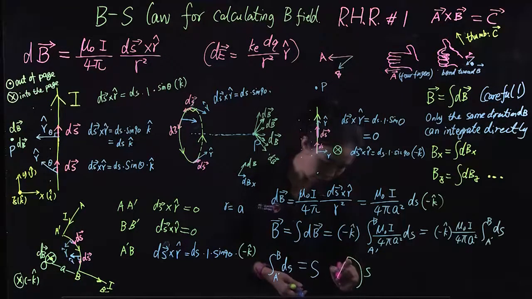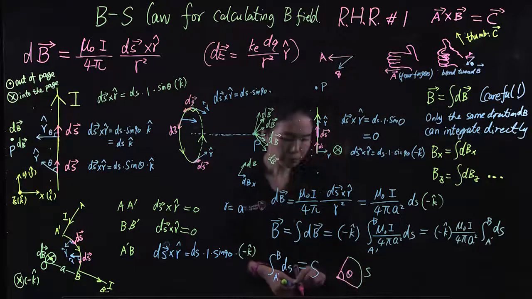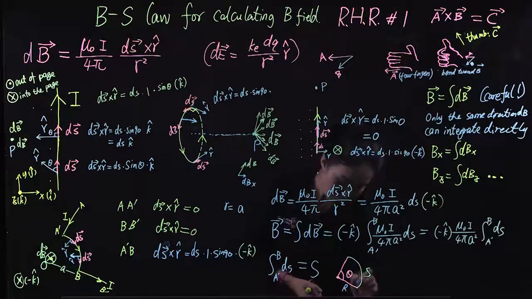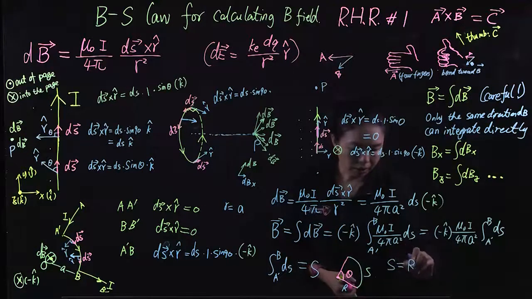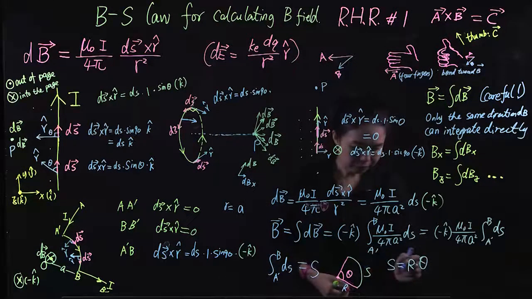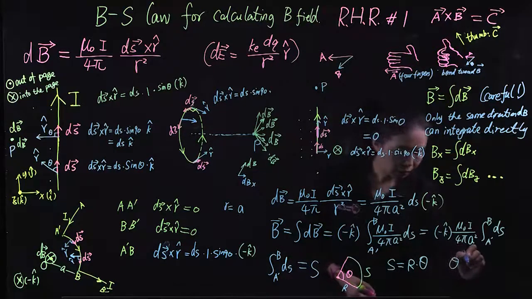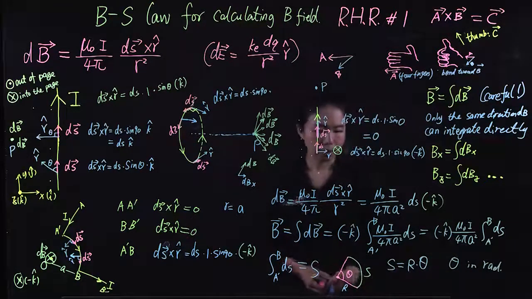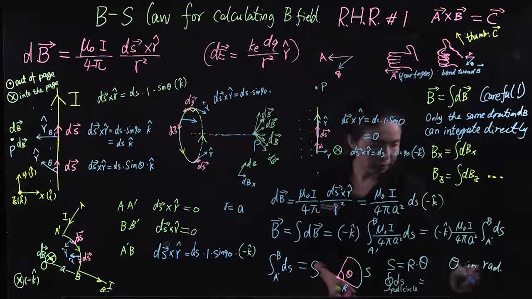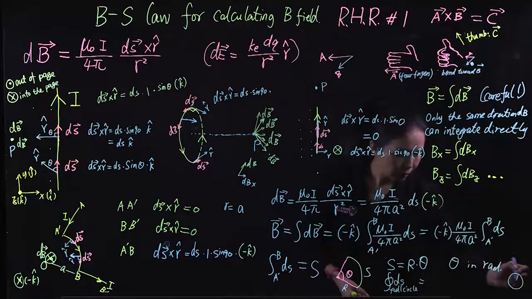If you see the center of the circle, which is here, and this is the angle theta, and this is a radius r, we should know that s is equal to r multiplied by theta, when theta is in radian units. In other words, if you are integrating ds for a full circle, you correspond to an angle of 2 pi with radius r, and you get 2 pi r.